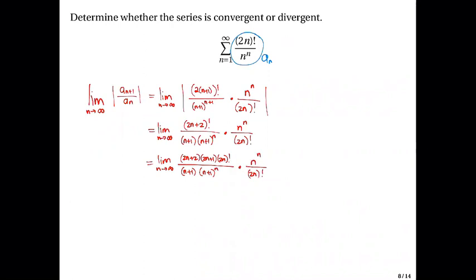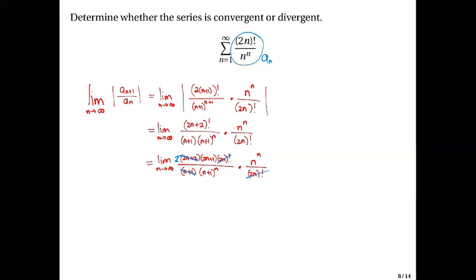So, ano yung mga magka-cancel? Itong 2n factorial, magka-cancel. And then this guy here, 2n plus 2, pwede mo i-factor si 2. So, makakancel si n plus 1 here. Correct? So, this guy here will cancel this, but you will be left with 2.